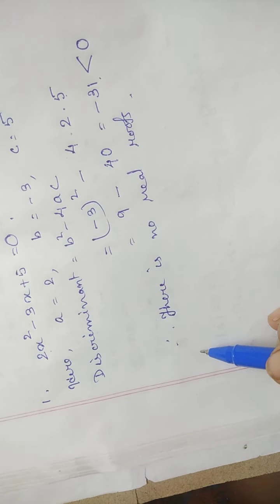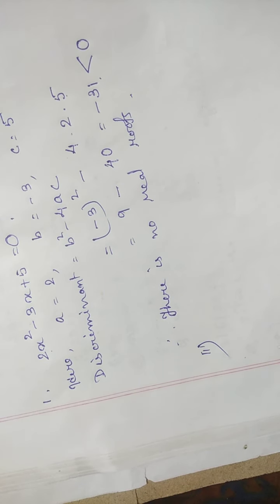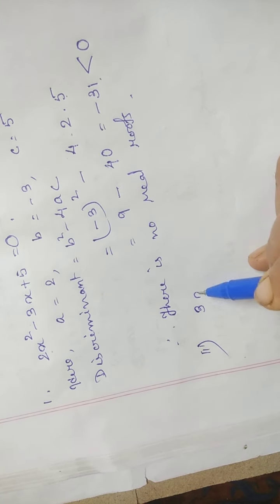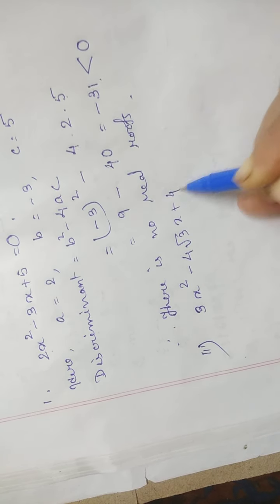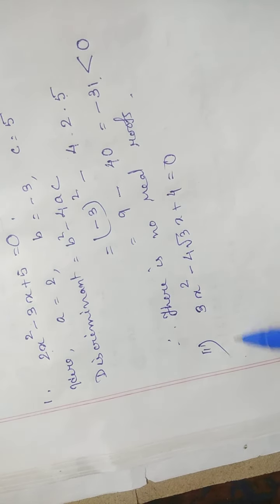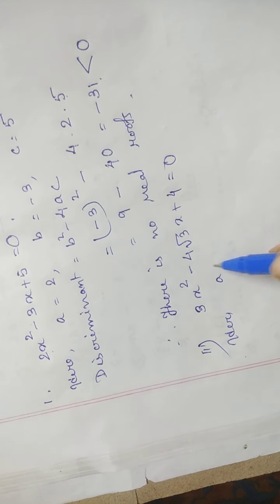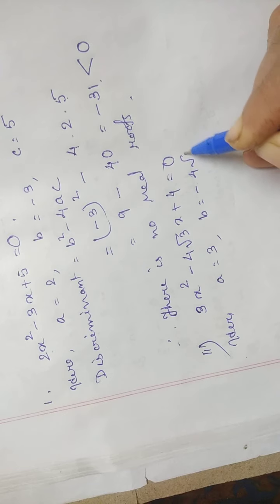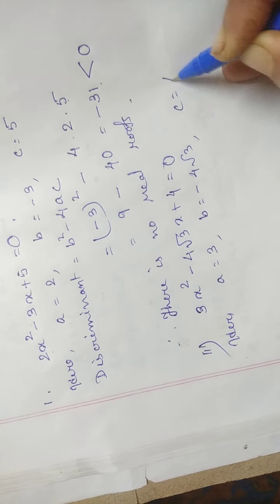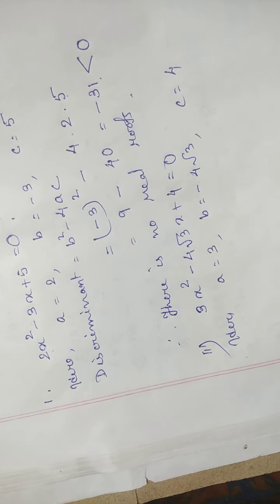The second example. What is given? Thrice x square minus 4 root 3 x plus 4 equal to 0. Here a equal to 3, b equal to minus 4 root 3 and c equal to 4. Clear?